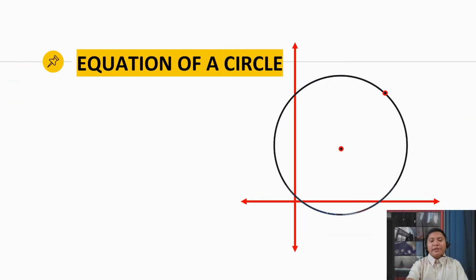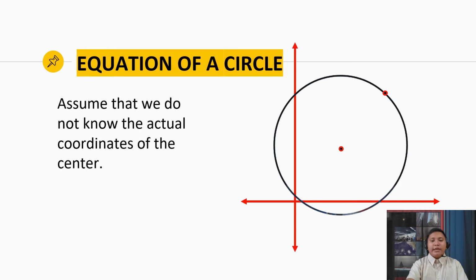So, equation of a circle. Given the illustration, let us assume that we do not know the actual coordinates of the center. In a circle, the center can be represented by coordinates h and k. And the distance between those points in the illustration with point x and y is the radius.